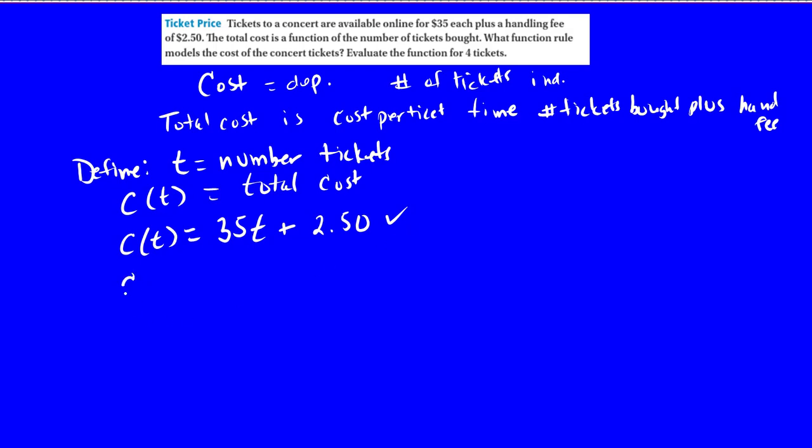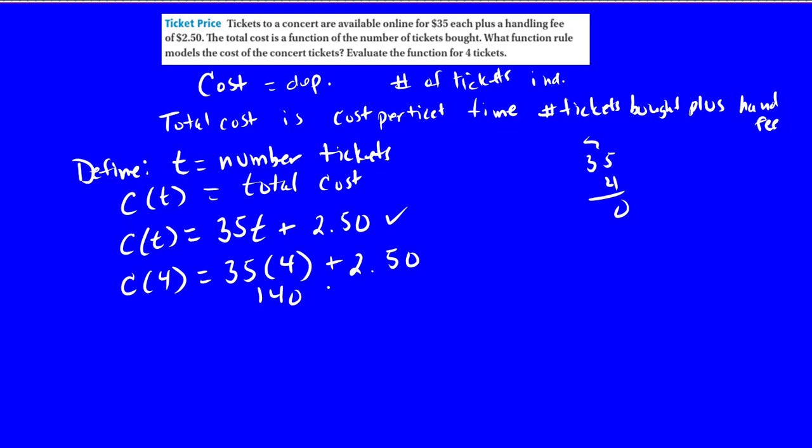So we're going to say C of 4, or the cost of 4, equal 35 times 4 plus $2.50. 35 times 4, I'm going to go over here, 35 times 4, 5 times 4 is 20, that's 140, plus $2.50. 140 plus $2.50 gets me $142.50.